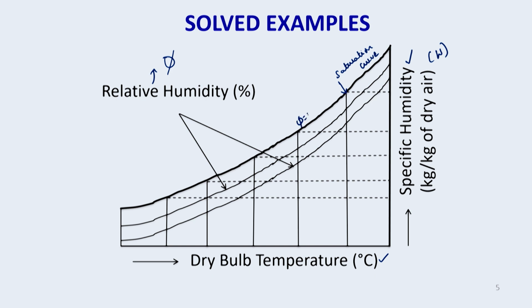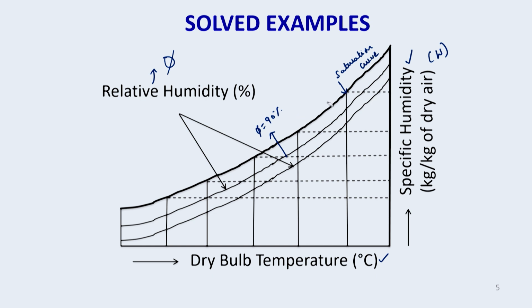Phi is equal to 100%. So this is the 90% line, here phi is equal to 90%. As we move towards the right side, it will be 80, 70, 60%, etc. So let me write this here.